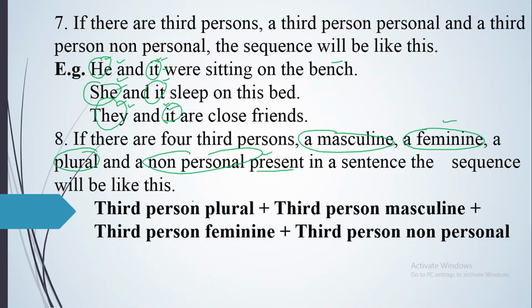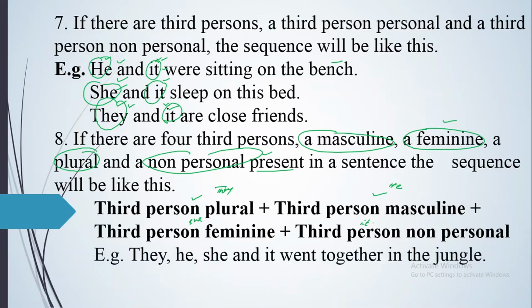First you will bring third person plural, they, and then third person masculine, he, and then feminine, she. At the end you will bring it. So they, he, she and it. That will be your sequence.